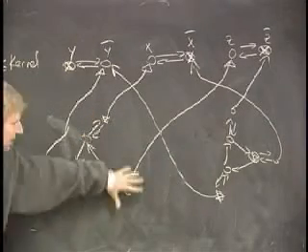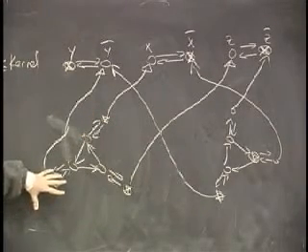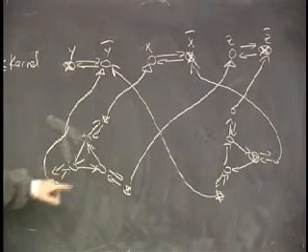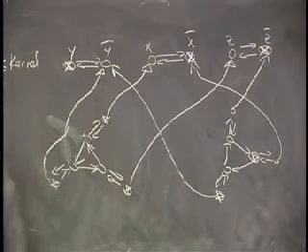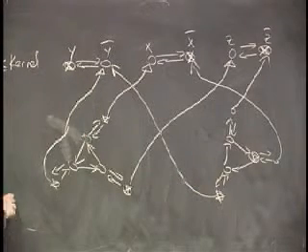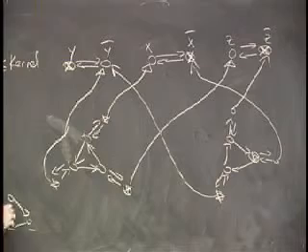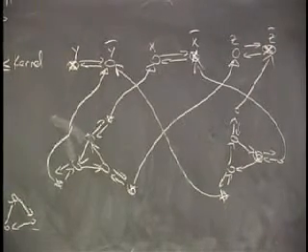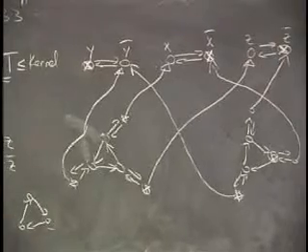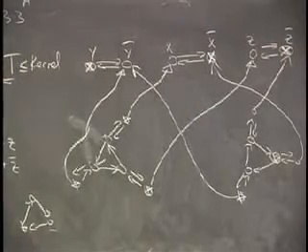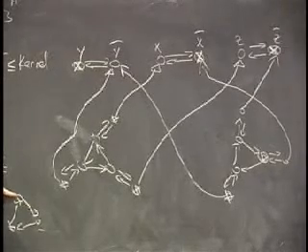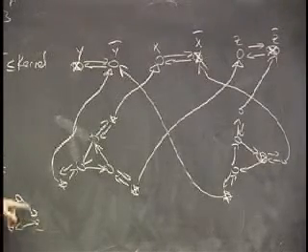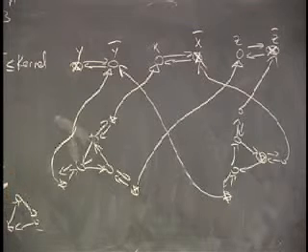If you can't include any of the 3 prongs in the kernel, you have to take care of this triangle all by itself with no help from the outside. You can't put 2 of these in because it would violate a kernel. And if you put 1 in, then the one that follows it violates the kernel because there's no way for it to get into a kernel. And there's no prong on the outside that helps it.